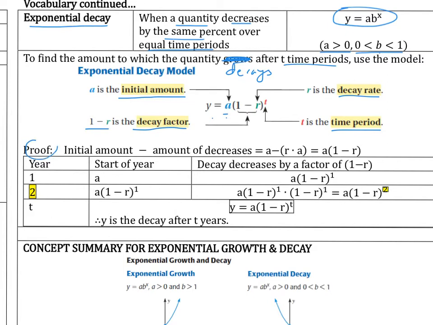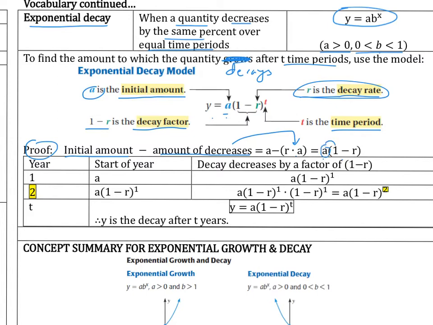And here's a mini proof for this model. If you begin with a certain amount, which we call the initial amount, and we subtract the amount of decrease, which is represented by the rate r times the initial amount, we can rewrite this as a times the decay factor of 1 minus r, where I factored out the a.